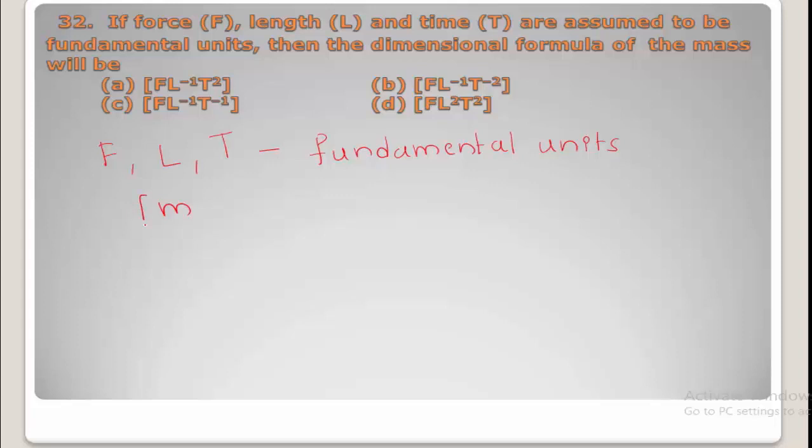Now we have to find the dimensional formula in terms of F, L and T. Let us consider that the dimension of M is dependent on F raised to A, L raised to B, T raised to C. The powers given to the quantity are nothing but the dimensions, isn't it?